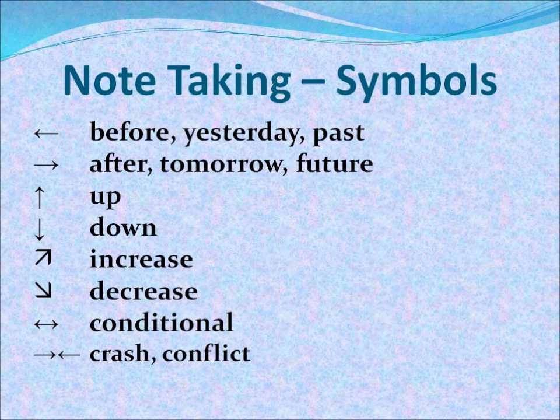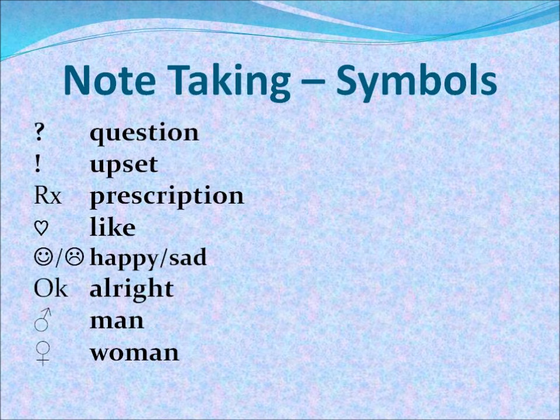These arrows are very handy because they can briefly be written down, and we go down the list. We have before, after, up, down, increase, decrease, conditional, okay, the if and only if, the conditional, and then we have the two arrows clashing, which we can represent as a crash, two cars crashing, or even a conflict.